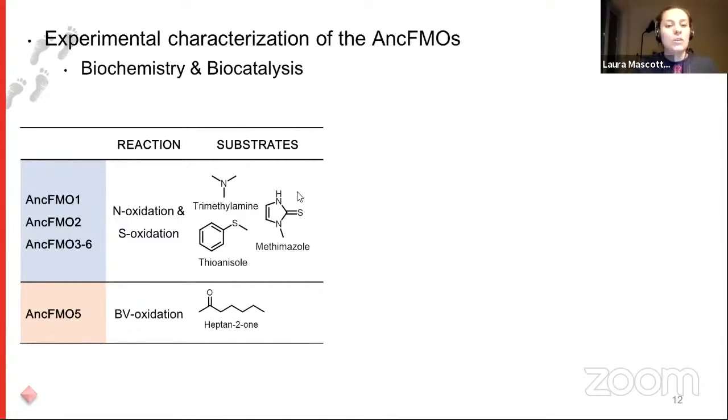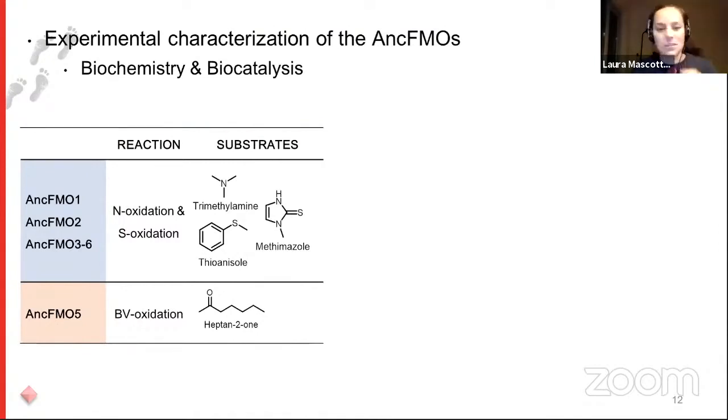But also, we found that ancestral FMO1, 2, and 3/6 perform the typical reactions of FMOs, which are N and S oxidation, while ancestral FMO5 performs the Baeyer-Villiger oxidation, which has already been demonstrated for human FMO5. So we were recovering these properties, and we know the ancestors are doing this.